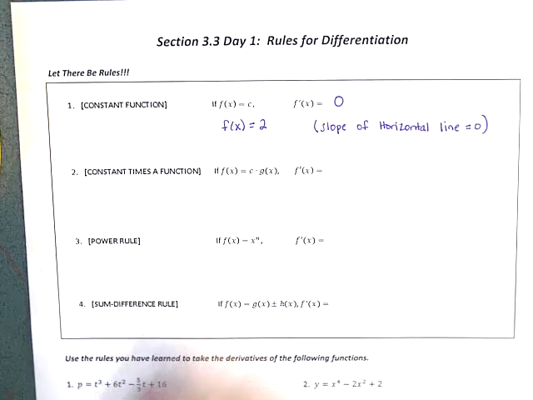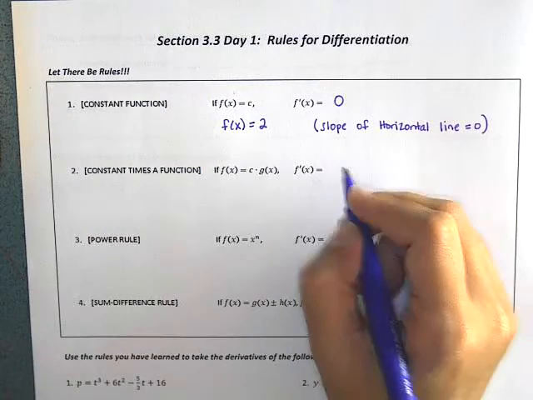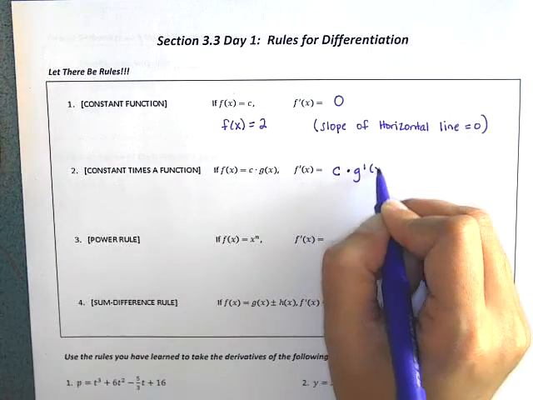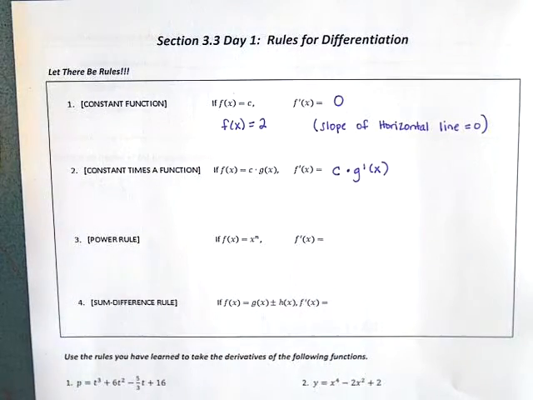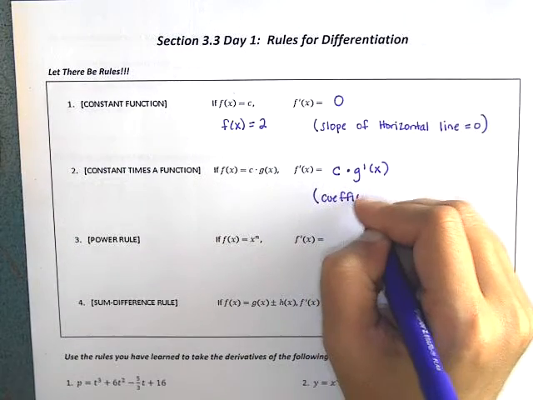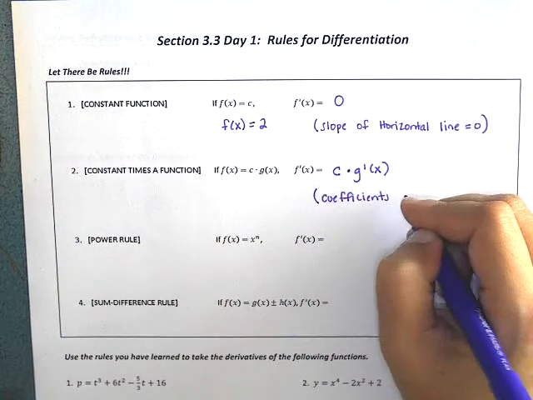If you ever have a number times a function, then the derivative is just the number times the derivative of that function. So coefficients don't matter. That's what this basically said. You just take the derivative the same way.